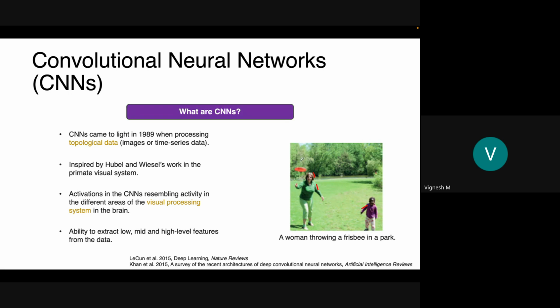And then the high-level features might be the entire construct as a whole. That is, in this case, the woman and the frisbee together in some context. Right? So these forms of features can be extracted from CNN, and that's one of the ultimate strengths of convolutional neural networks, and we look at how it's able to do that.